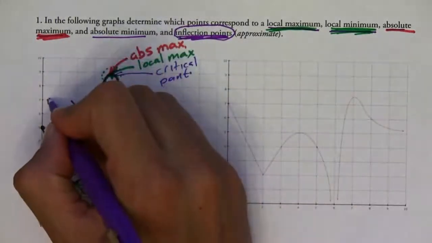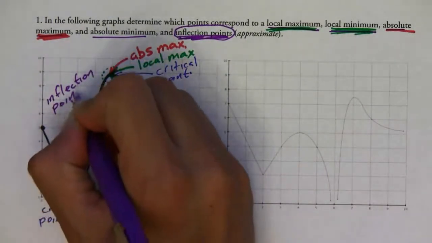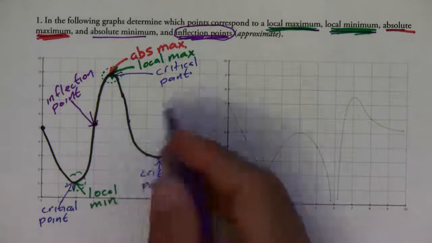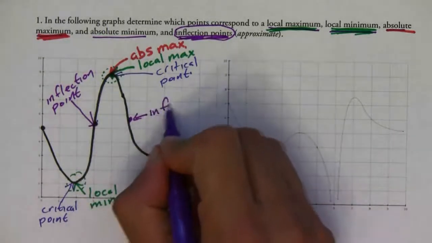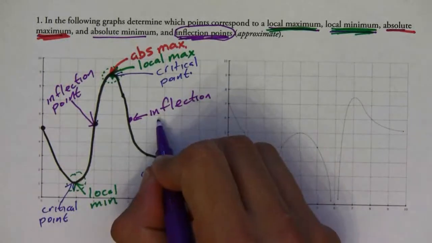And so this is called an inflection point, right here. And remember, this is where the second derivative is 0 or undefined. In this one it's actually 0, but there are inflection points where the second derivative is undefined.